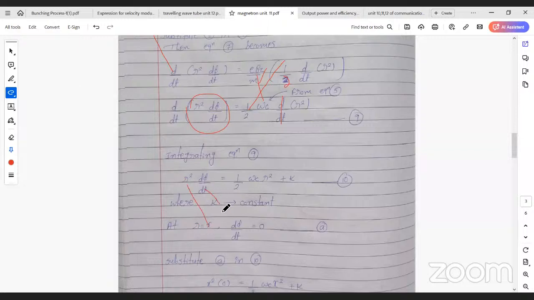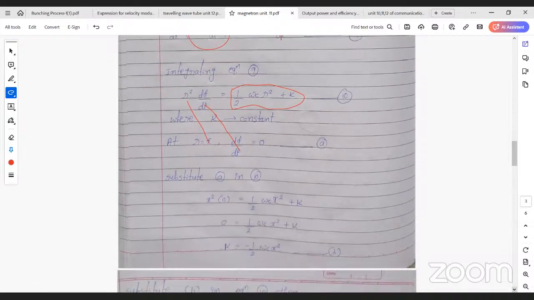In place of d phi by dt, keep 0. This whole term becomes 0 and we have only the RHS term. In this RHS term, in place of r, I write x square, so k equals minus 1 by 2 omega c x square.